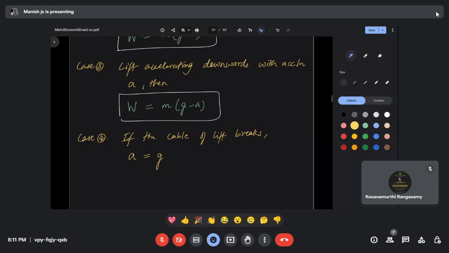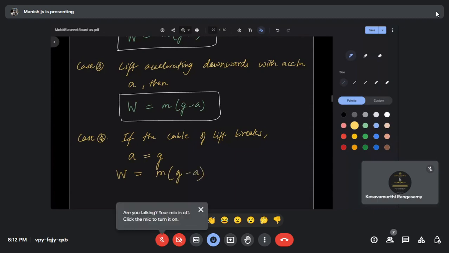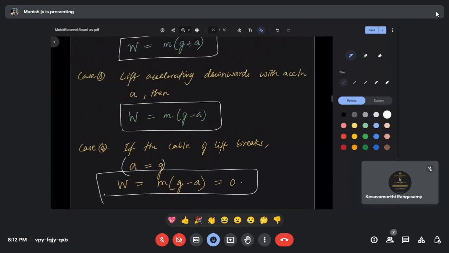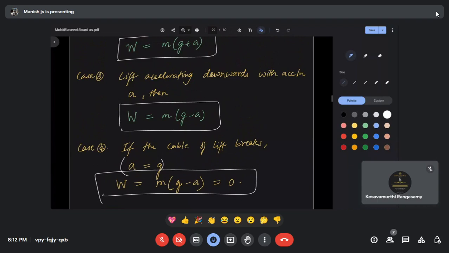So therefore, you can see that weight is equal to m times g minus a. You can use this relation, but both g and a are equal, so it will be 0. Okay, so it becomes 0 when it is in free fall. So these are the relations. Because you have a condition here, that is a is equal to g. So these are the different cases for lift.